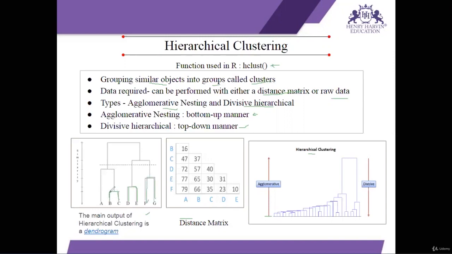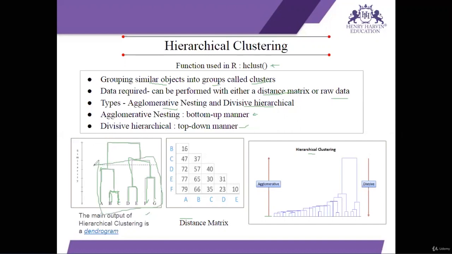Then this cluster is joined with another observation and creates a bigger cluster. And these two different clusters join together to create a bigger cluster. And once they are joined with the biggest cluster, it joins the whole of the clusters nested below them.